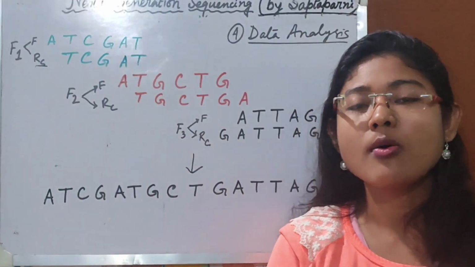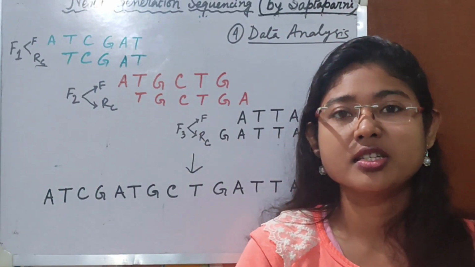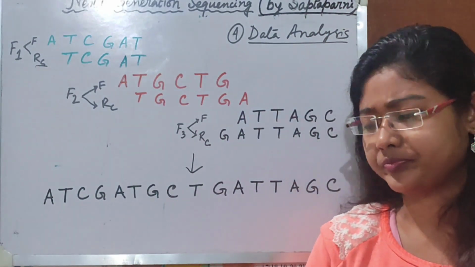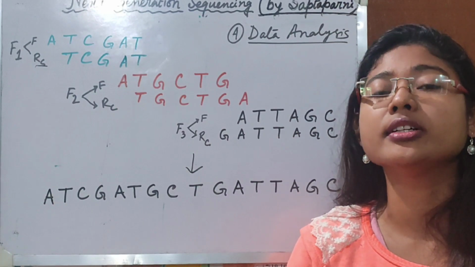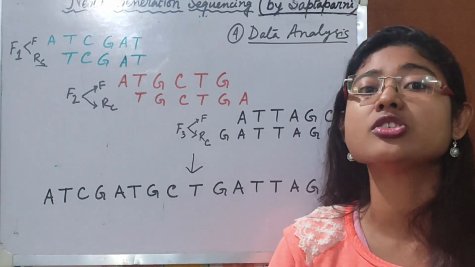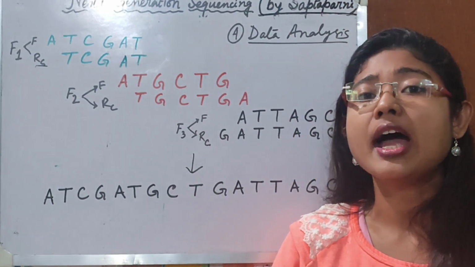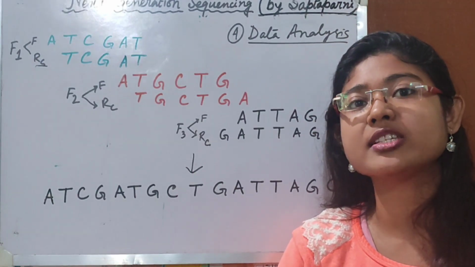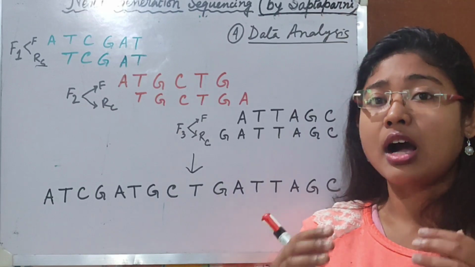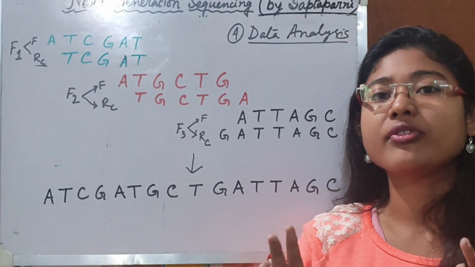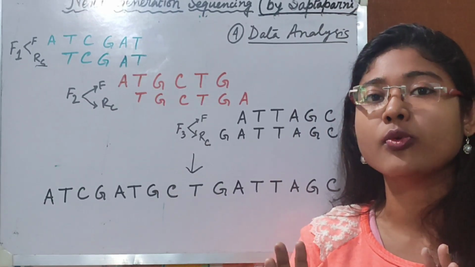So our fourth step of next generation sequencing is data analysis. For data analysis, you have to find the overlapping sequences of different fragments. According to that overlapping sequence, you arrange those fragments, and after arranging them, you can find the sequence of your required genome.